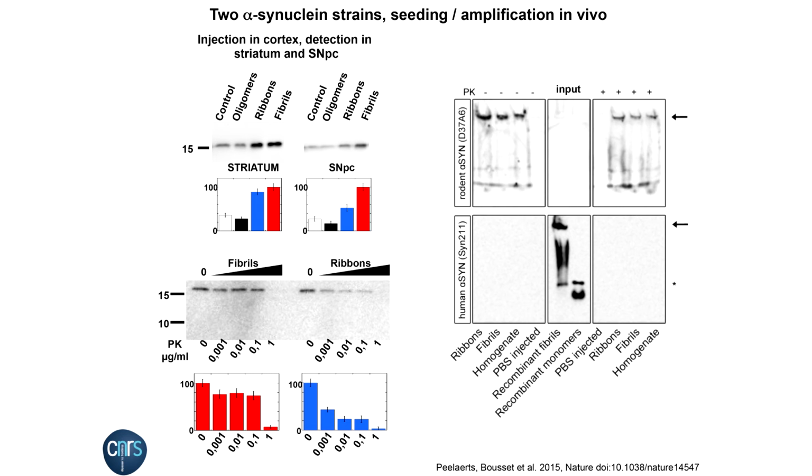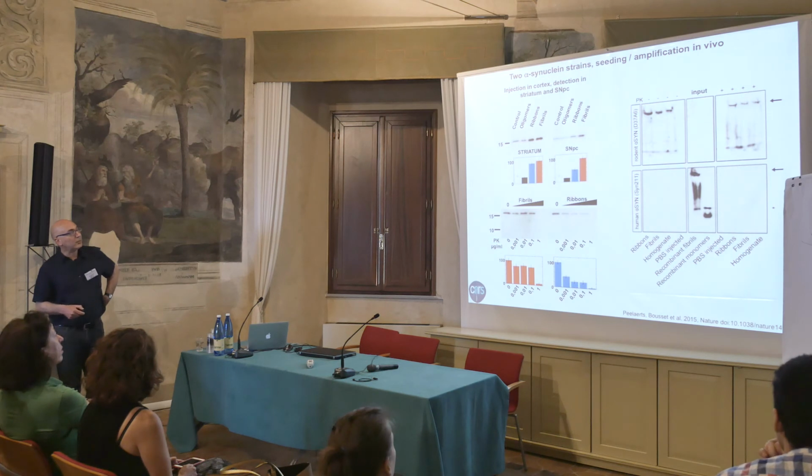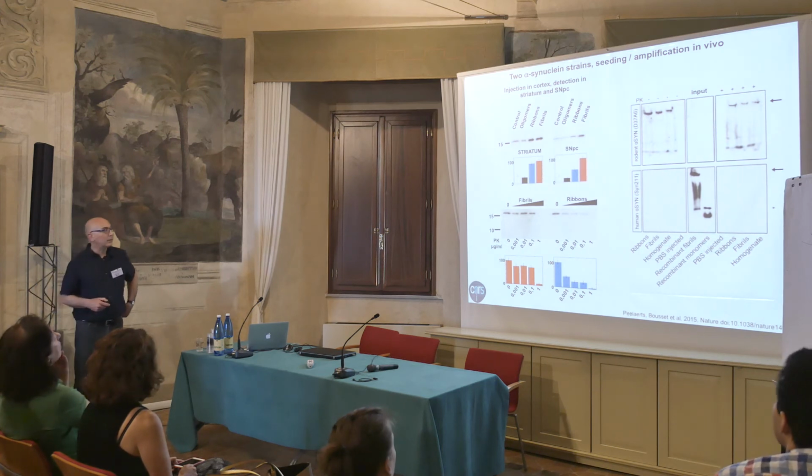So what we did here is we injected the aggregates in the cortex, and we looked at them in the striatum or the substantia nigra, and you can see that they are found in the striatum and the substantia nigra. I would say that this is sort of the background because this is the control, and they are above the background.